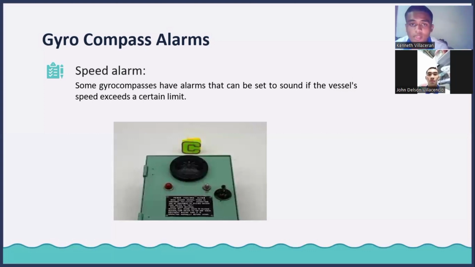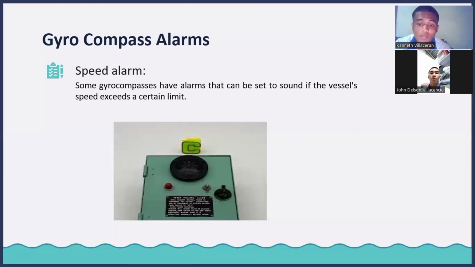The alarm is triggered by a gyro compass, which is a device that uses a rapidly spinning gyroscope to sense true north. The gyroscope is mounted on a stable platform that is not affected by the movement of the vessel. As the vessel turns, the gyroscope remains pointed in the same direction to determine the ship's heading.